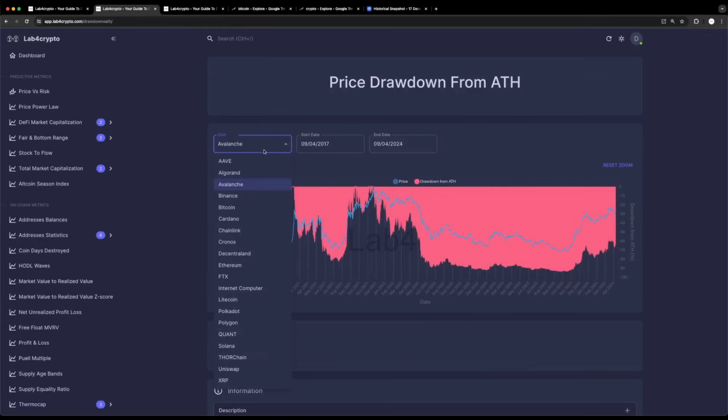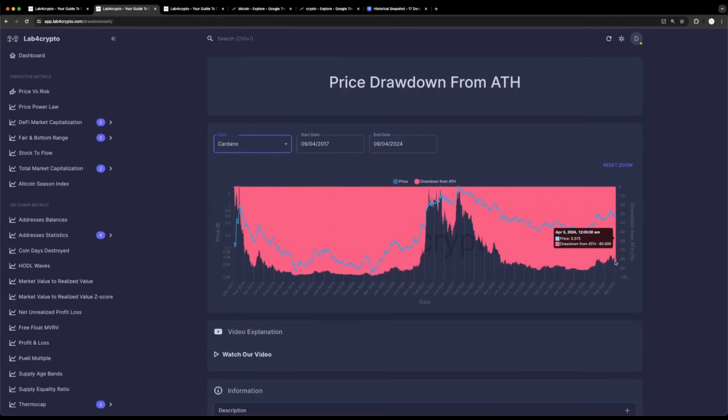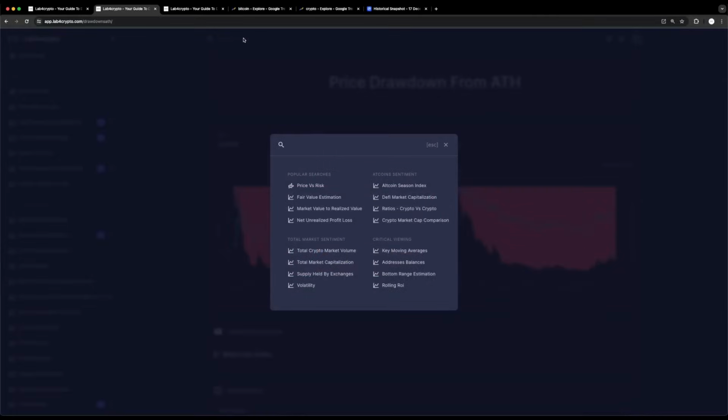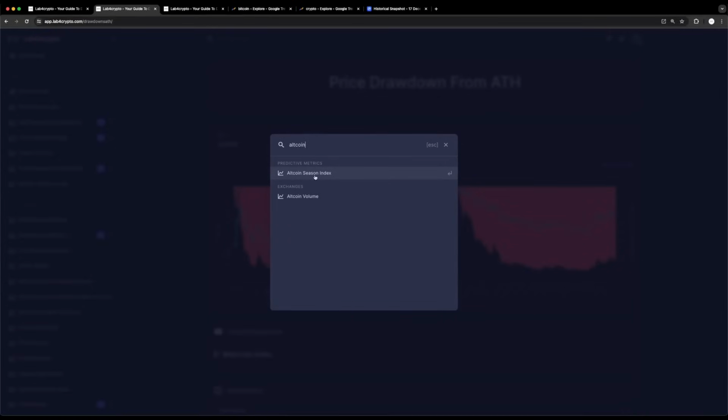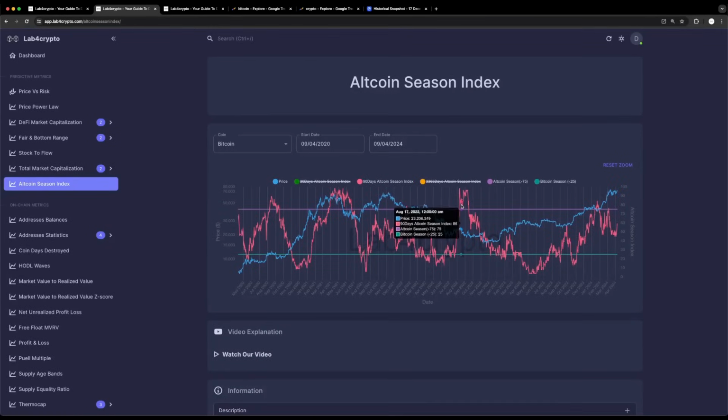And that is also observed if we go and check, for example, Cardano. You will see that it is 80% down from its all-time high. And when we have these mania phases, you will see, if we go to the altcoin index, when the altcoin index is above 75 is where altcoins start to outperform Bitcoin, and you see this mania phase when altcoins start to surpass their all-time high if they are good projects, or new coins popping up and trying to get some of the market share.